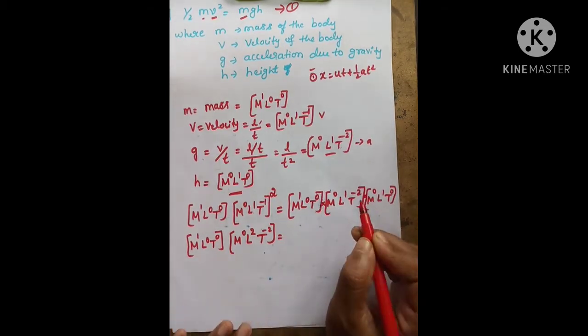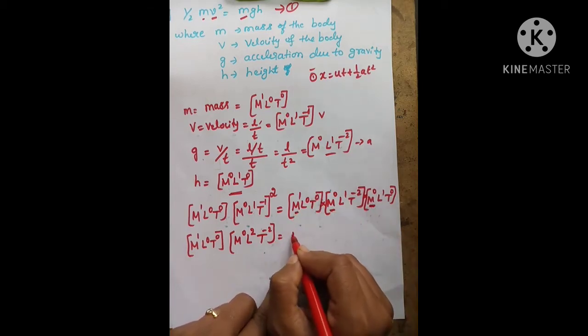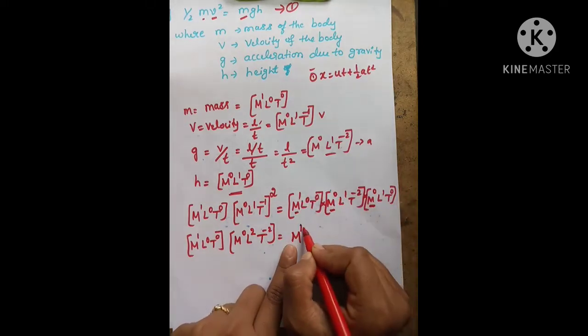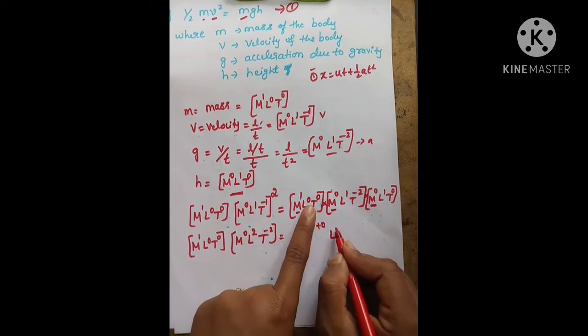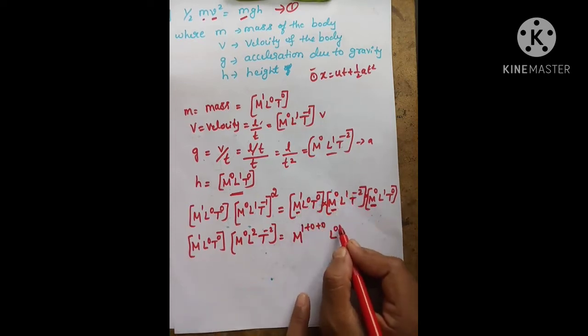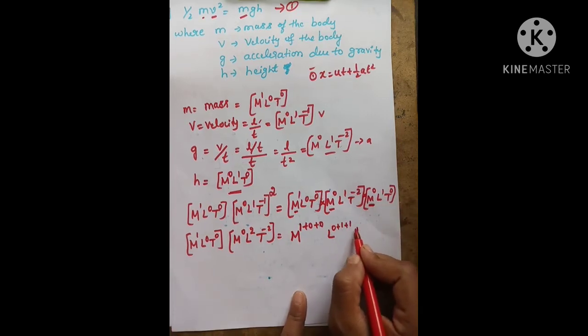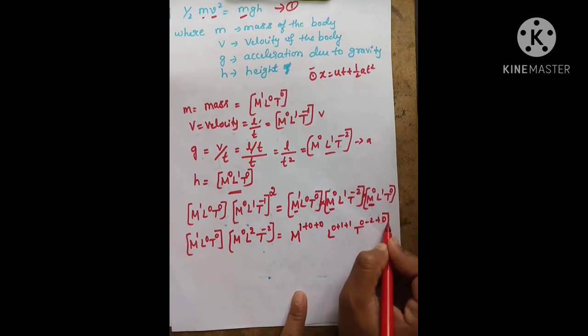Since there is multiplication, if the bases are same, add the powers. Here 1, here plus 0, here plus 0. Next L to the power of 0, here L to the power of plus 1, plus 1. T to the power of here 0, here minus 2, here plus 2.